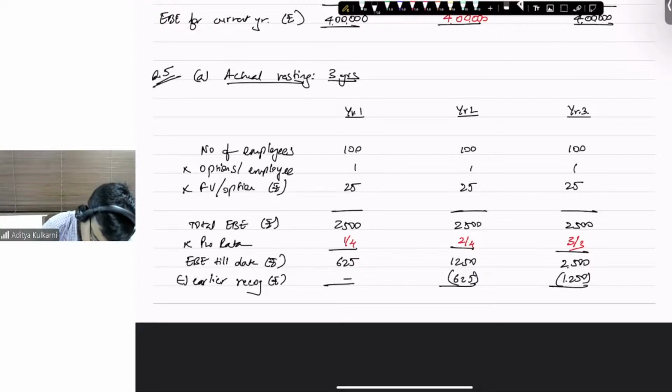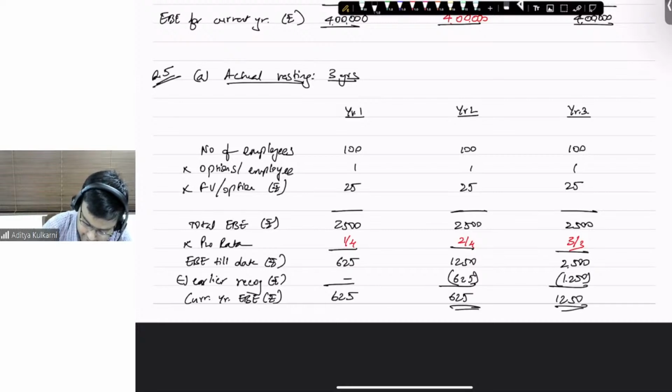So EBE current year, EBE 625, entire thing I wrote off in the third year because actual vesting would happen in the third year. So therefore you will do the accounting in this way if the actual vesting period is 3 years.